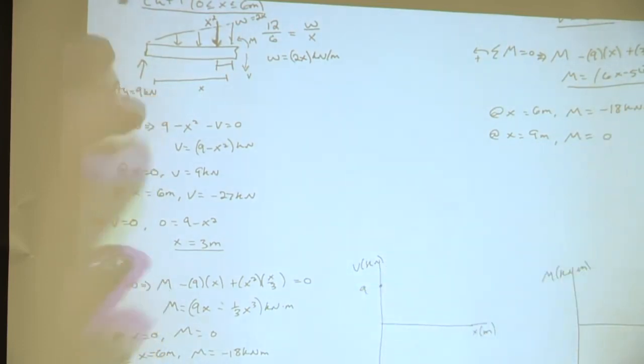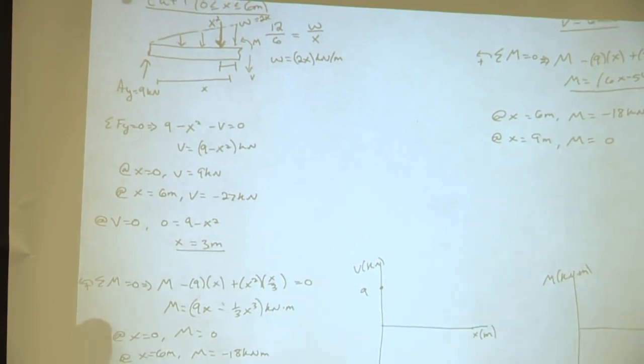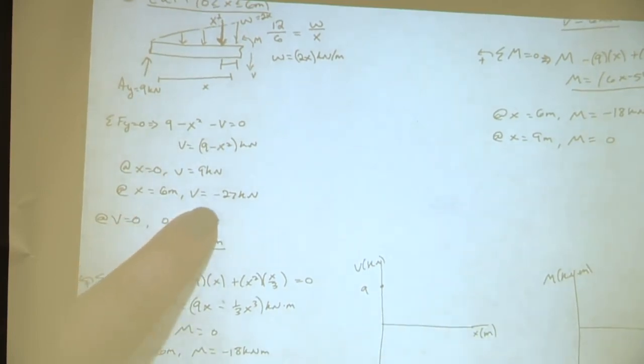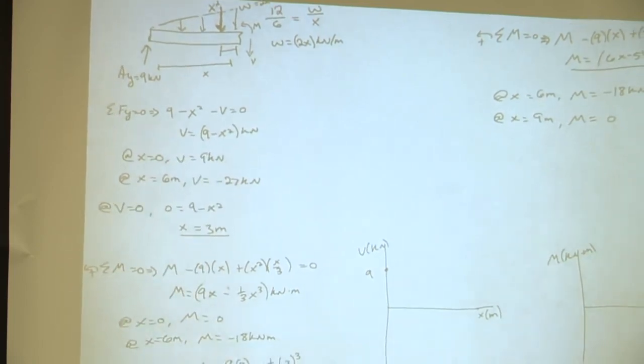Okay. And then how do we get from 0 to 6 meters? It goes down to negative 27. Uniform distributed load. Okay, so at X equals 6, what was shear? Negative 27. Awesome, so negative 27. Now, how do we get down to negative 27?